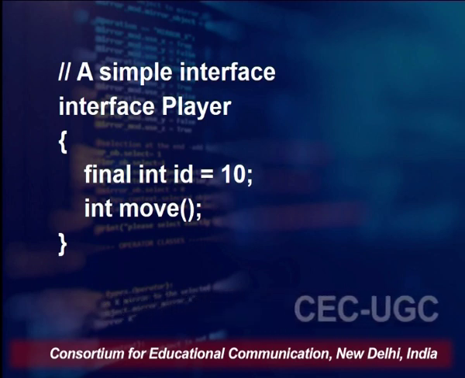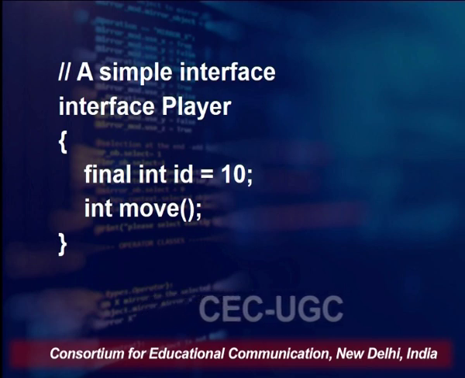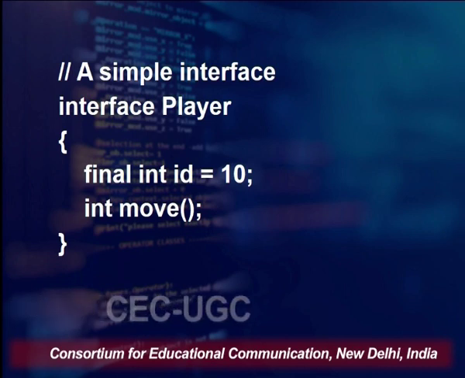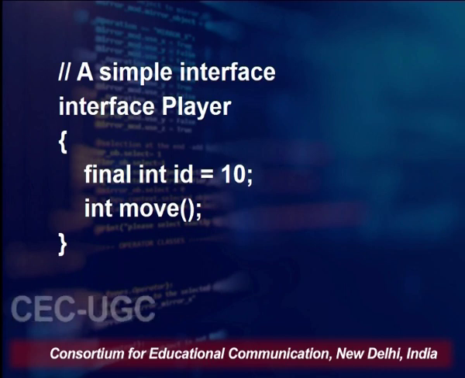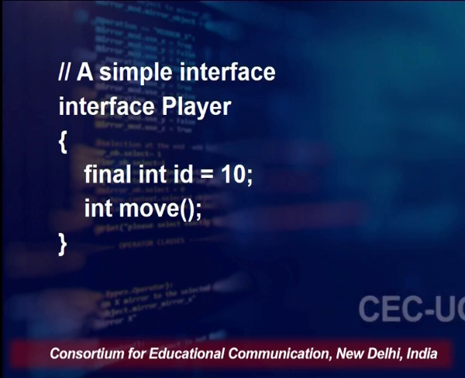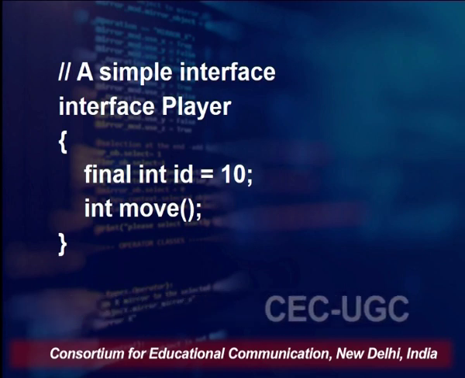Then there is a method which returns an integer value, int move, and there is no body pertaining to this method move, because we are putting this move method in the interface. So, within the interface there is no body allowed, and the fields will have the keyword final, and they are final, public and static by default. I am talking about the fields here.